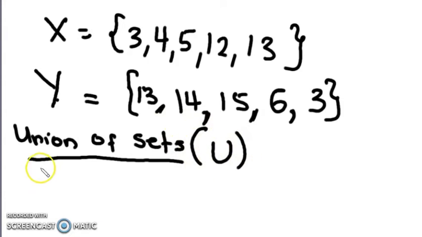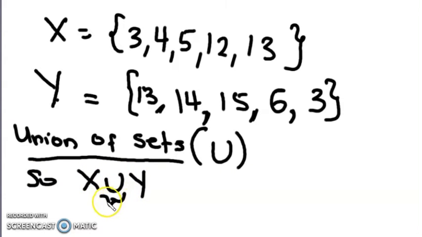So we write X union Y. Just like many other people, you can replace this union with "or", meaning that X union Y are elements that are in set X or set Y.